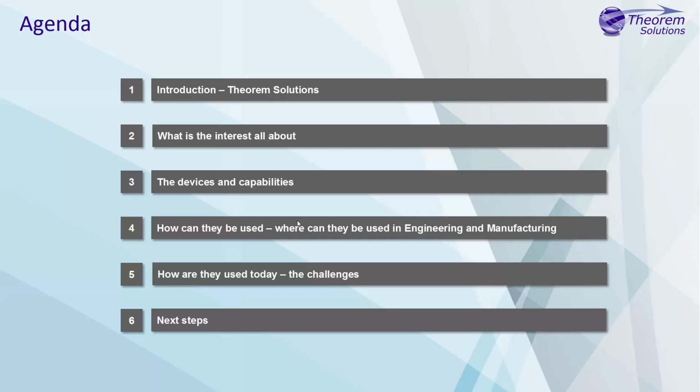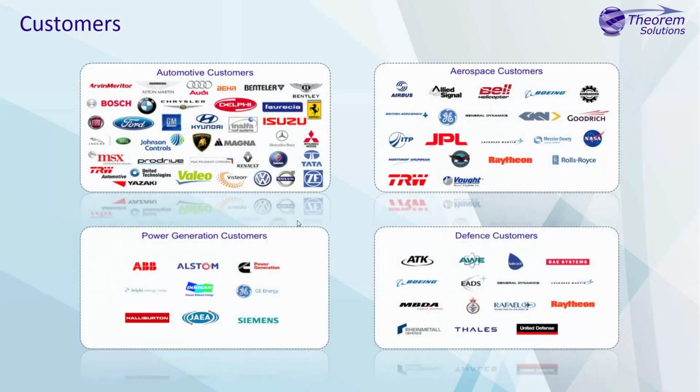So first of all, Theorem, who are we? Well, a lot of you may well know us. In fact, the slide here is a list of our customer base. We're very strong in the automotive and aerospace world, also in the defence and power space as well. But our business is all about making sure you can utilise your CAD assets. That's taking your CAD that you've designed, or you've created over the many years, and taking that into other areas of your business, and allowing you to visualize them with things like JT viewers or Creo View or 3D XML.